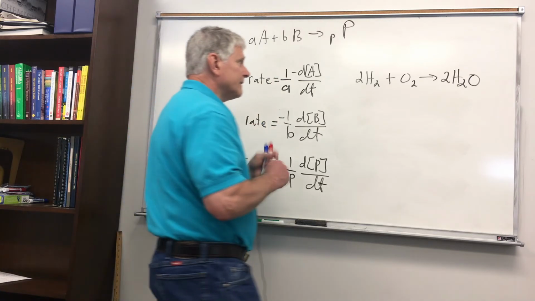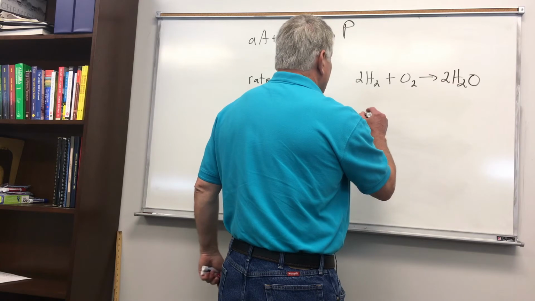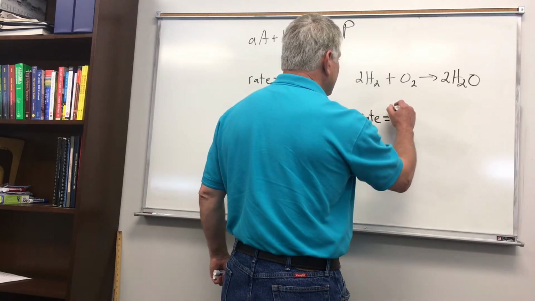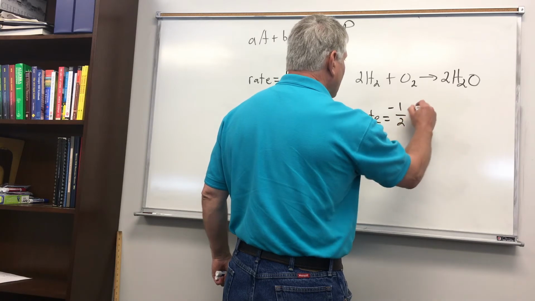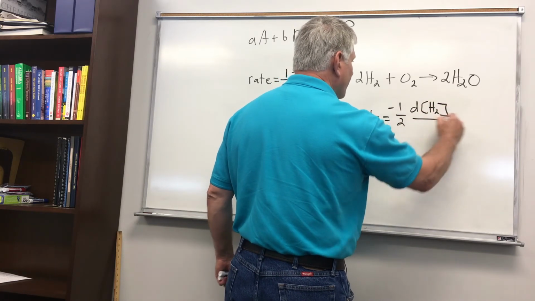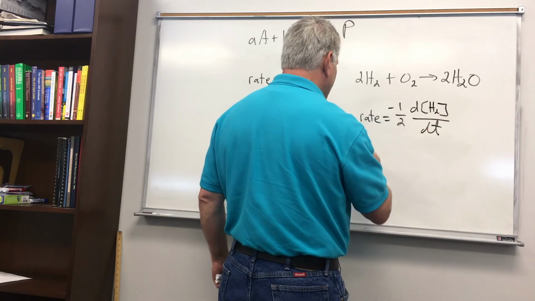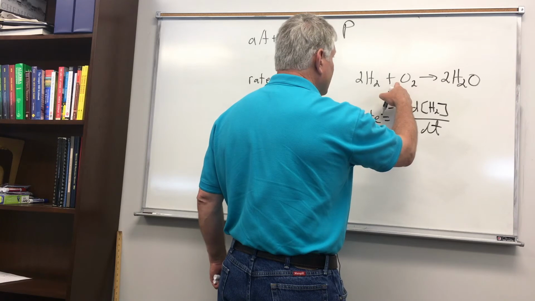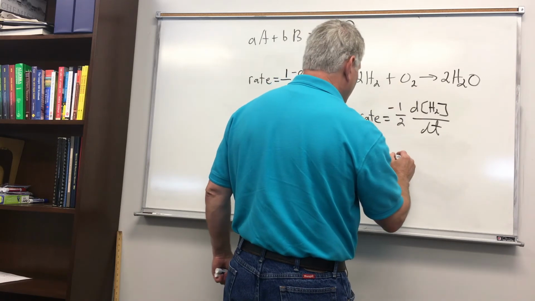So in my example here, the rate relative to hydrogen would be equal to minus 1/2 times the derivative of the hydrogen concentration with respect to time. And the rate for oxygen would just be negative 1 over 1.